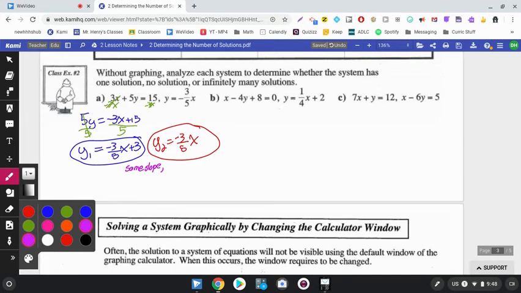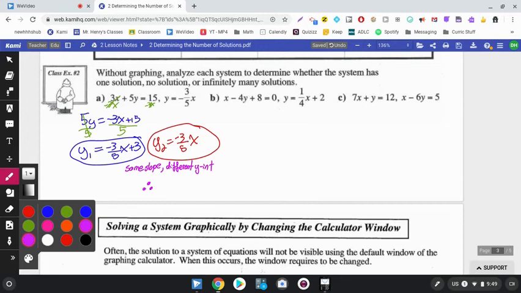lines. These lines have a different y-intercept. The first line has a y-intercept of 3. The second line has a y-intercept of 0. Here's another math abbreviation. 3 dots in a triangle means therefore.